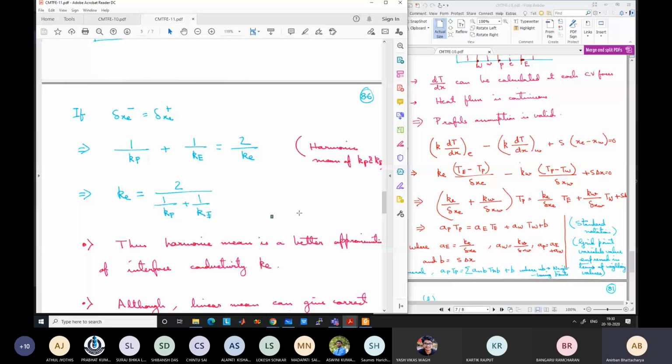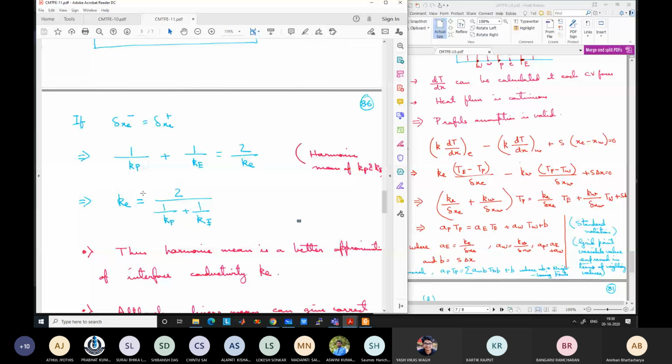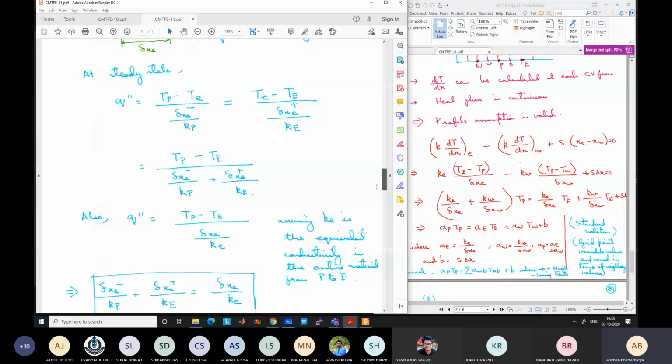This is a much more accurate interpolation as compared to the linear interpolation that we had given here, because this is what we actually obtain from physics.